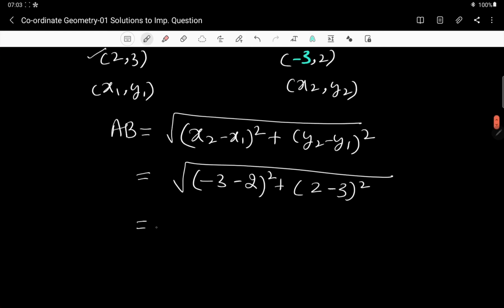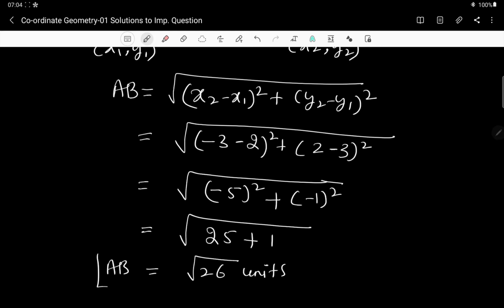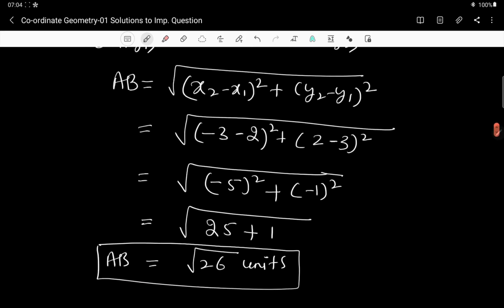So it becomes under root minus 3 minus 2 is minus 5 whole square plus 2 minus 3 is minus 1, then whole square. So it becomes under root minus 5 whole square is 25 plus minus 1 whole square is 1. So it becomes under root 26 units. So the distance is going to be under root 26 units. This was quite a simple question, the first one.